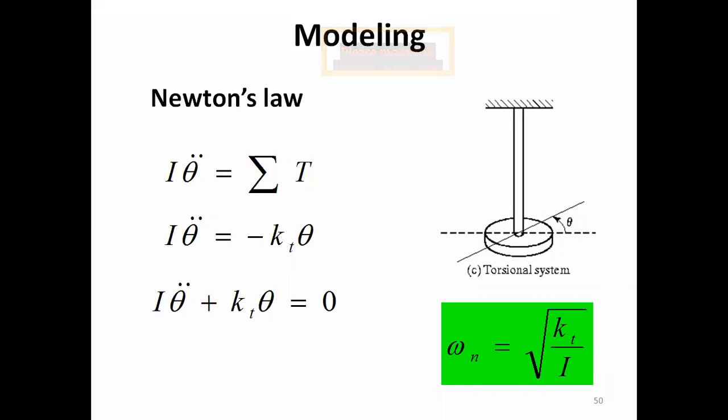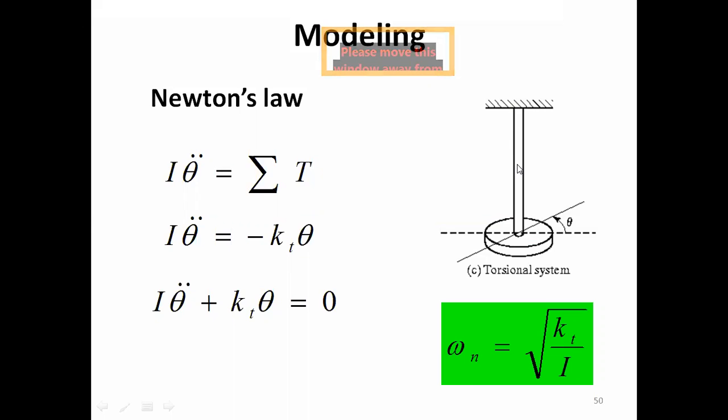Similarly, if we have a rod, one end of the rod is fixed, whereas the other end of the rod is connected to a disc. And if I apply a moment on this disc, displace it to some angle, and then I release the disc, what would happen?